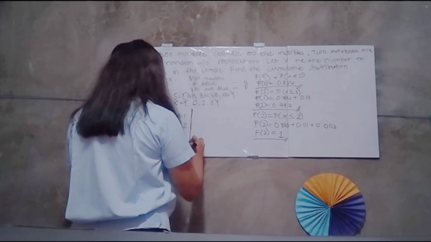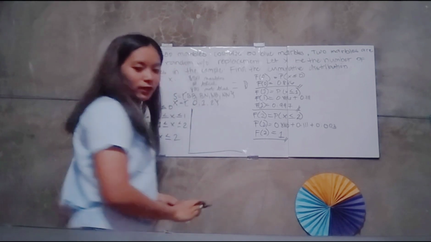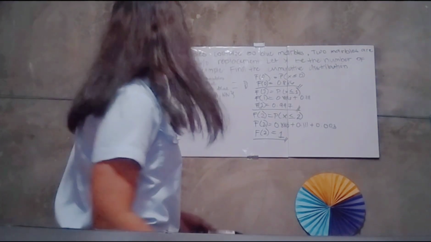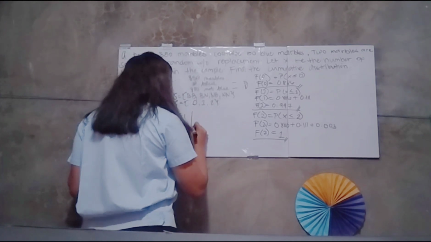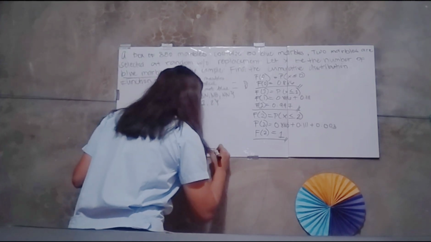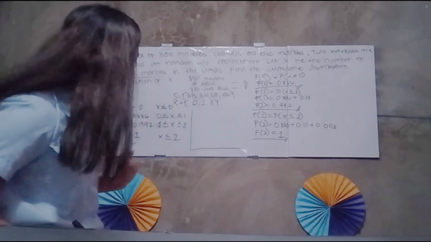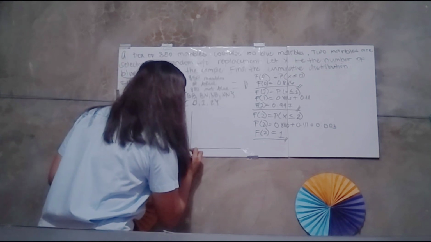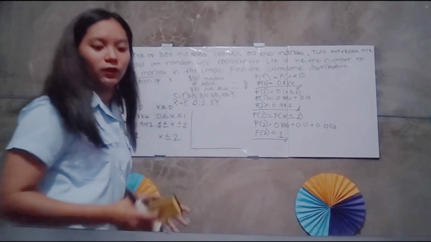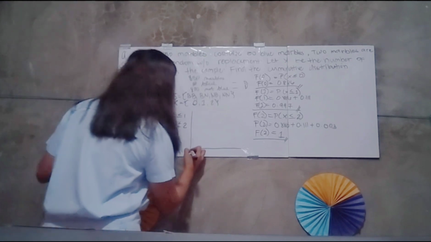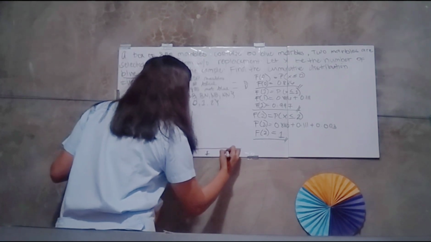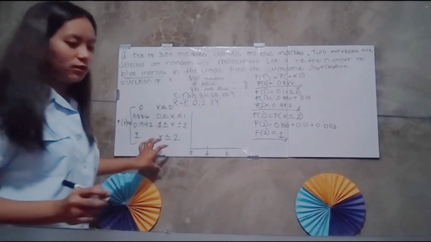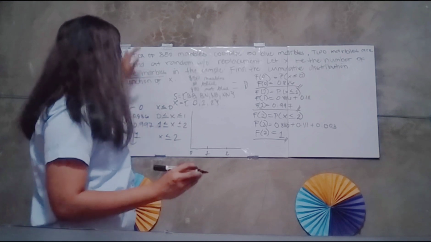So, let's say, ayan siya. So, we have here 0, 1, and 2. So, ang sabi dito kanina ay 0, pataas natin, 1.